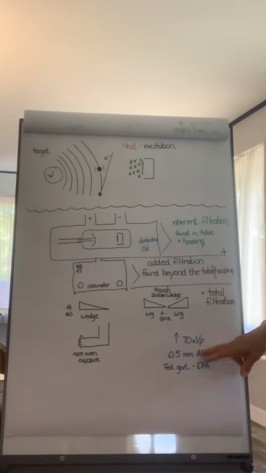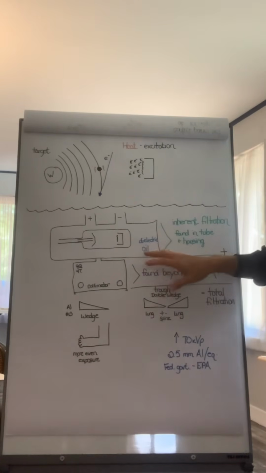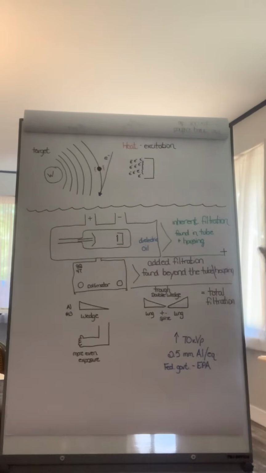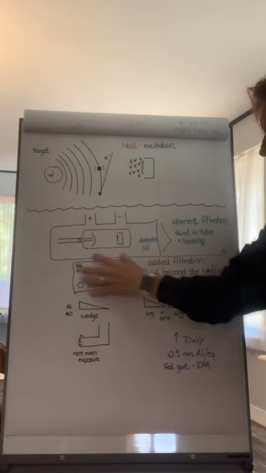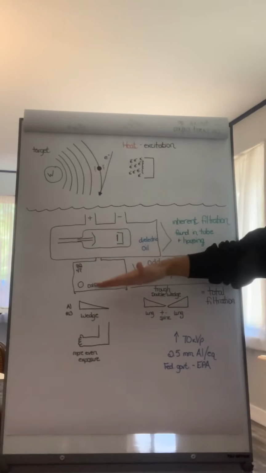What does that mean, aluminum equivalency? It means not everything that we mentioned, the oil, the glass, the lead, the silver, is aluminum, but it has the same absorption characteristics as if you had a piece of aluminum that was 2.5 millimeters thick. All of these things can absorb that low energy radiation, just like if you had a 2.5 millimeter piece of aluminum slid in there.